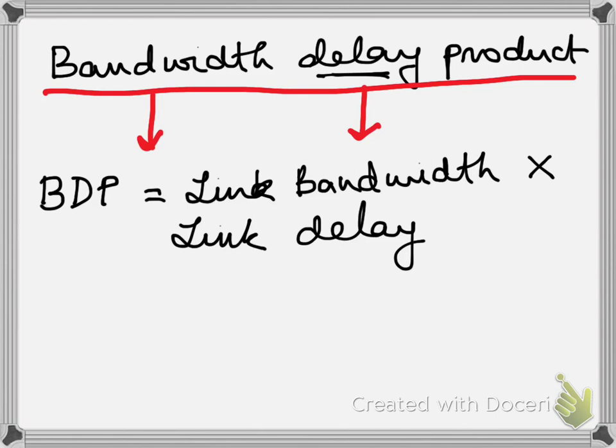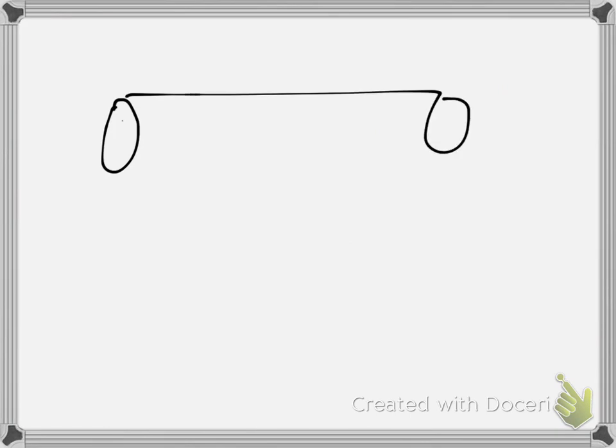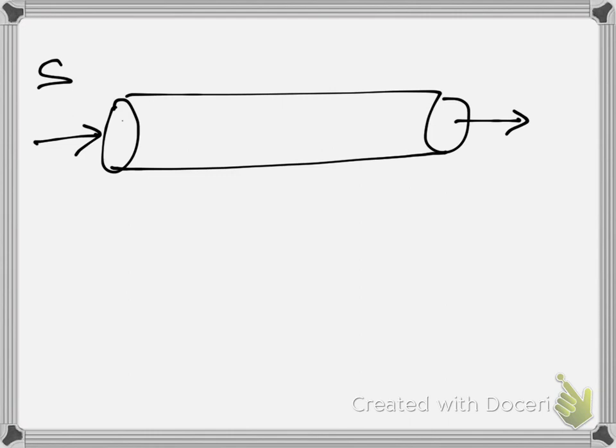So what exactly is this bandwidth and what exactly is this link delay? If you think of your link as a pipe, and you are sending some data from this side and it is coming out from the other side, this is the sender and this is the receiver. The link bandwidth will tell you how much data, or how many bits, can be sent through the link at a time.